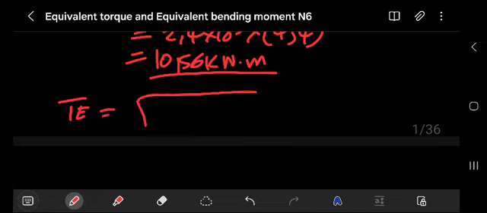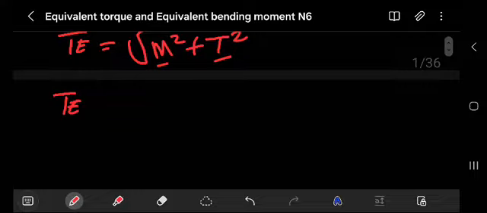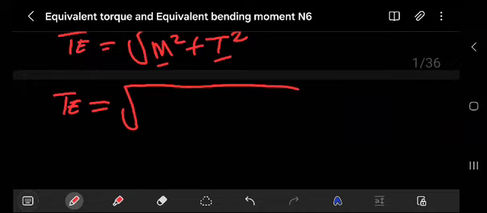We know that it's the square root of the maximum bending moment squared plus torque squared. So we have this now, so we can substitute TE. You know that we got this to be 10,56 like this.